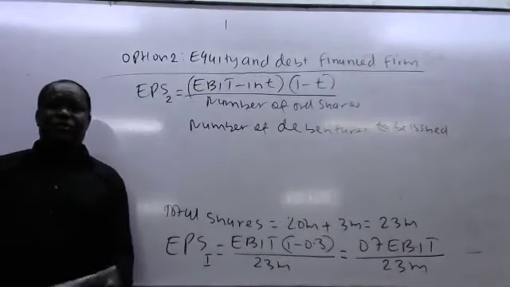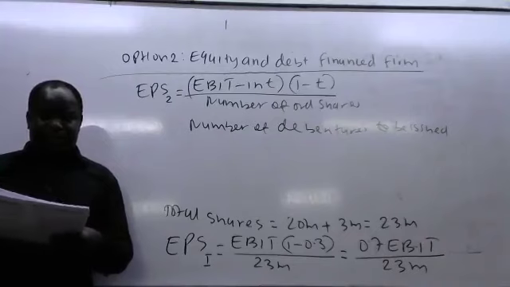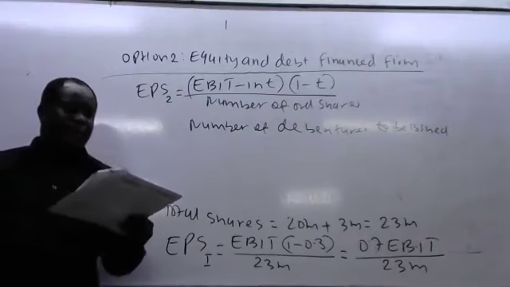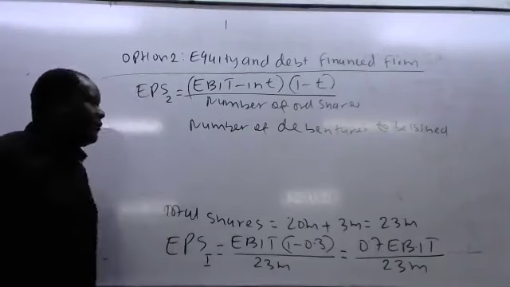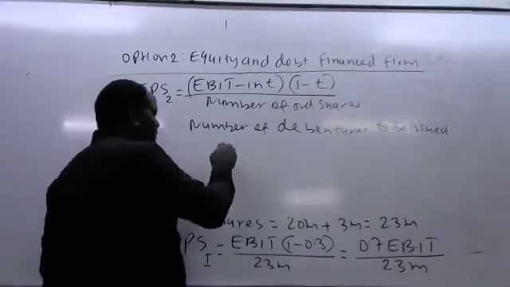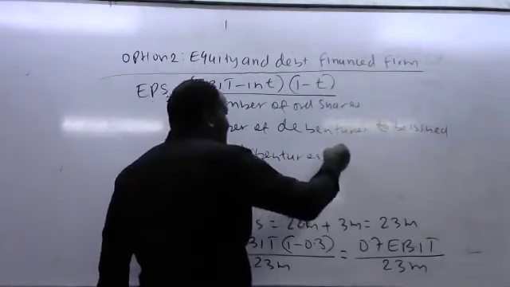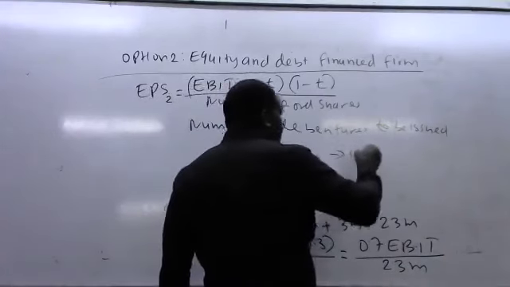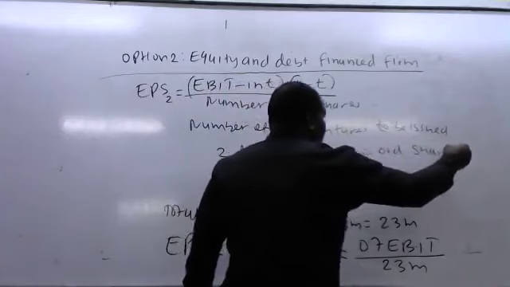When you check through the question, they say that under option 2, Nangina expects to offer 2 units of debentures for every 100 ordinary shares.